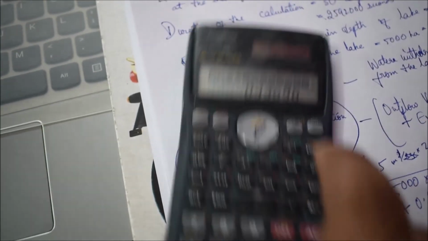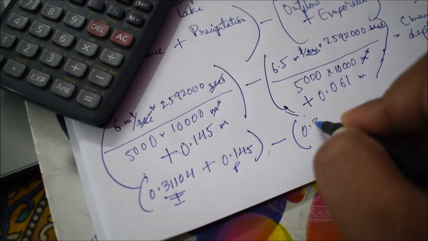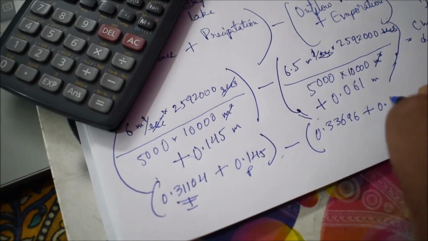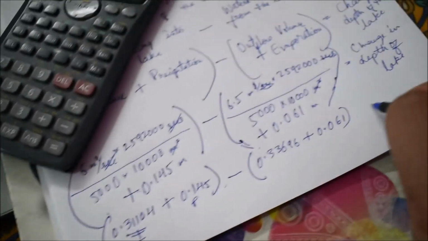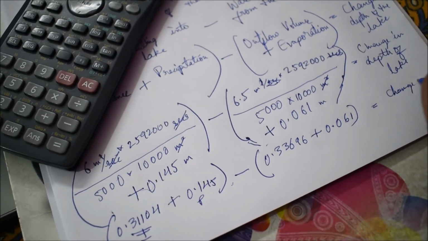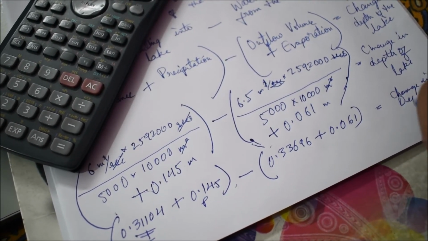This is giving 0.33696, plus 0.061. So this will give us the desired result, change in depth of lake.